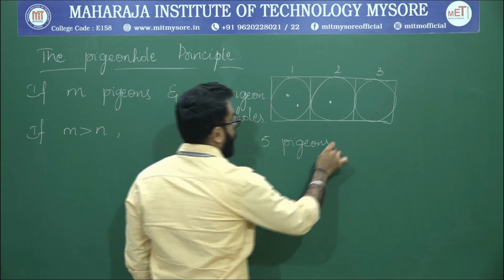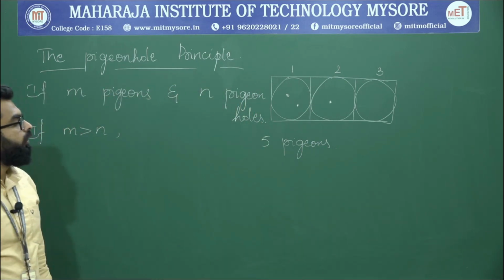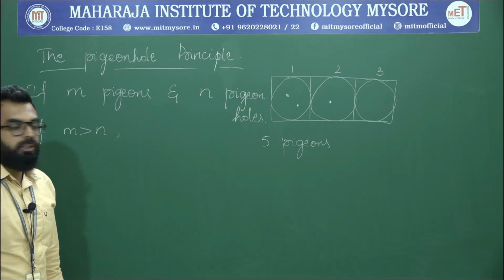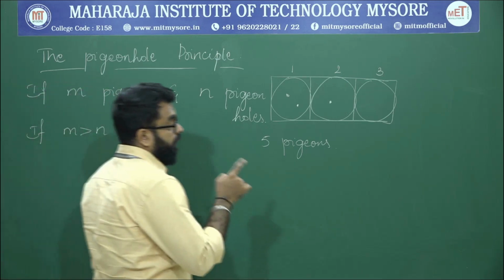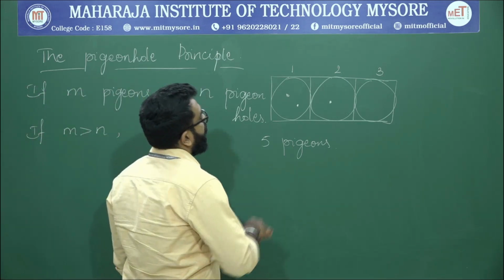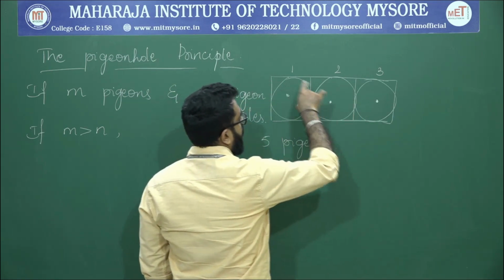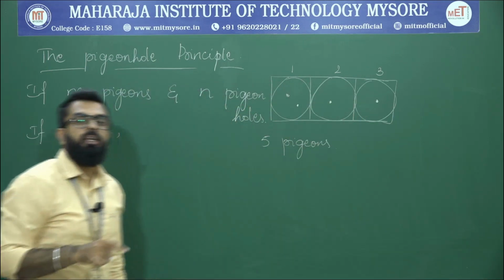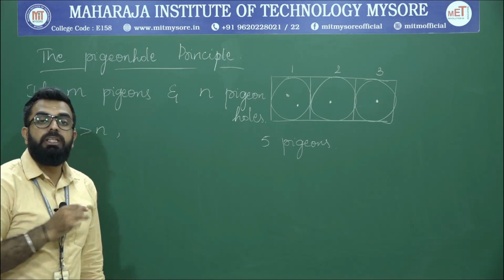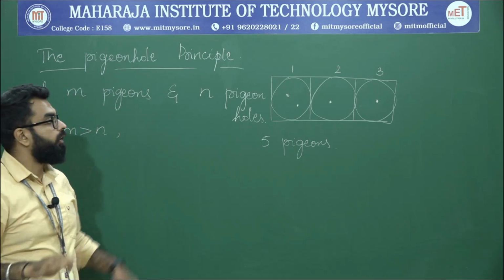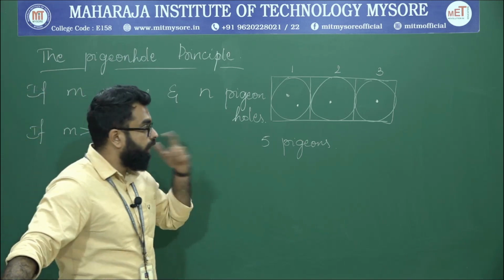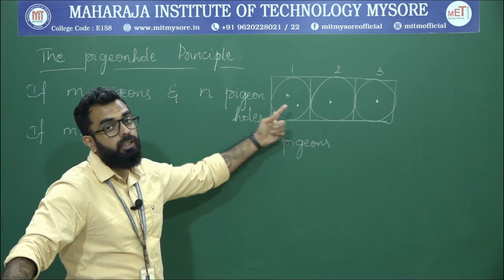Then these 5 pigeons should reside in these 3 pigeonholes. Then we can easily say that there is at least one pigeonhole where more than one pigeon resides.